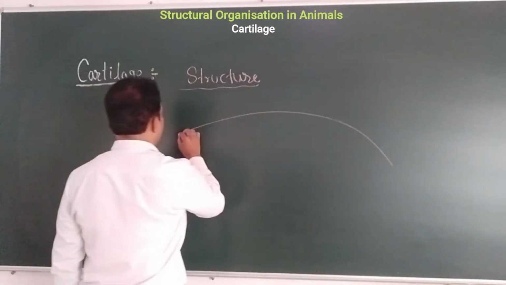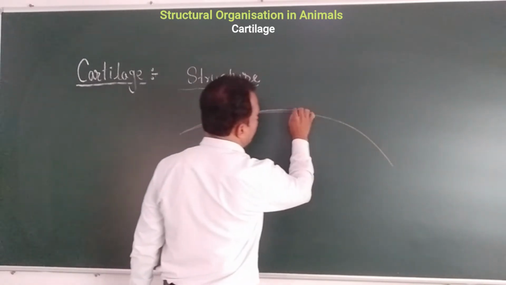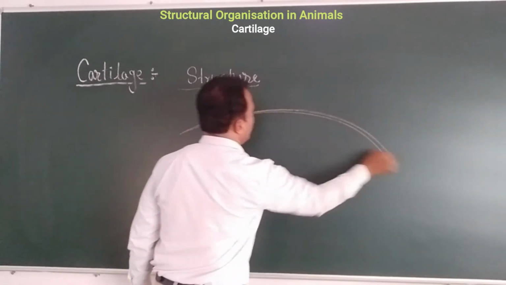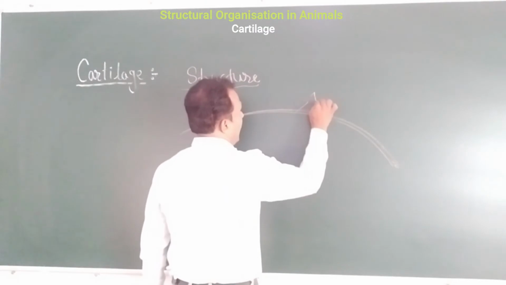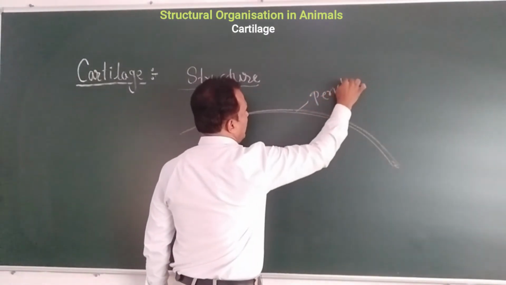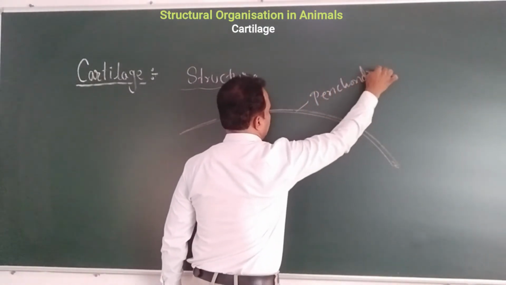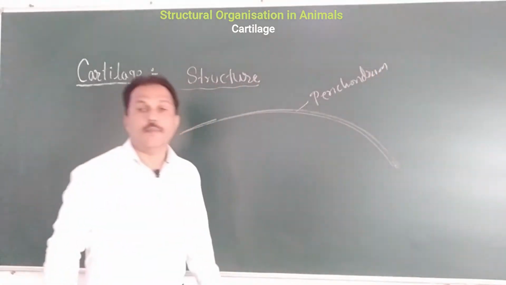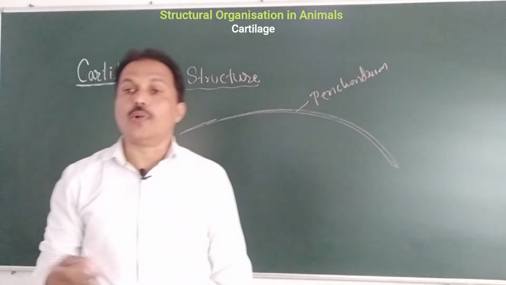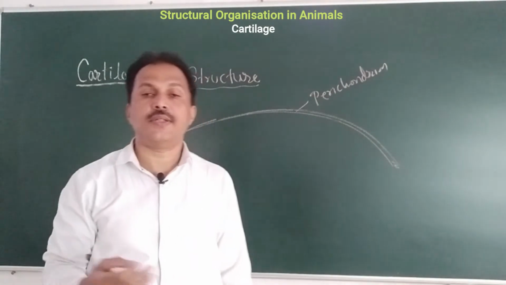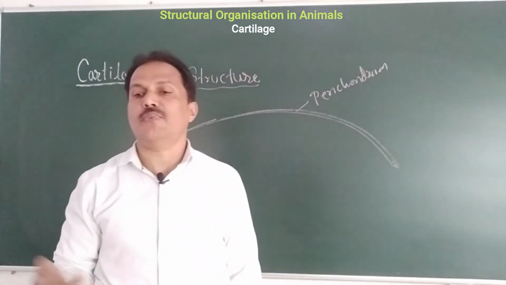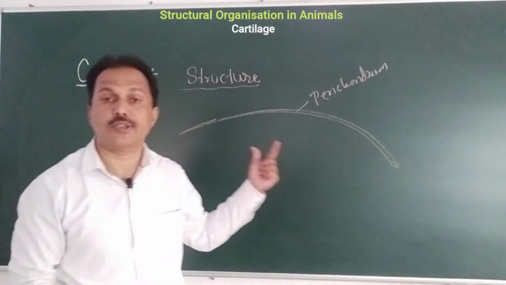Say for example, this is the outermost lining of the cartilage. This is known as perichondrium. It is made up of collagen fibers. It is a sheath of collagen fibers. This is the outermost layer.